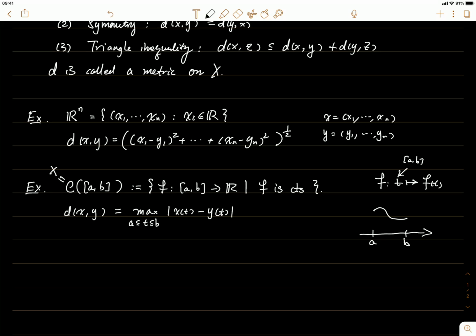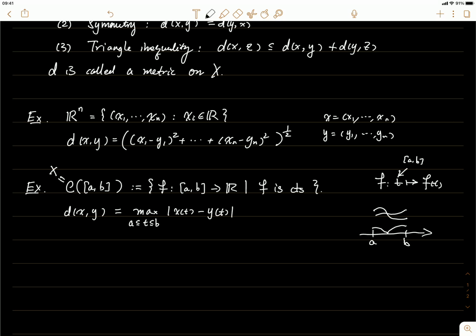This might be my x of t, and then I may have another function y of t, and taking the absolute value of the difference, I will be able to get something like this. Okay, and the maximum value of this function over the entire interval is called my distance.